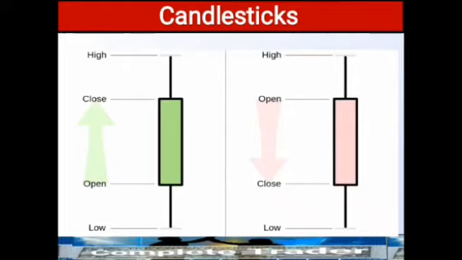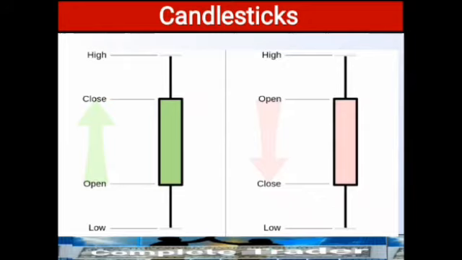So the candlestick shows us the open. Let's say, for instance, we're looking at the 1 minute time frame. This candlestick represents the price action of 1 minute, and it shows us the open, the close, the high, and the low.